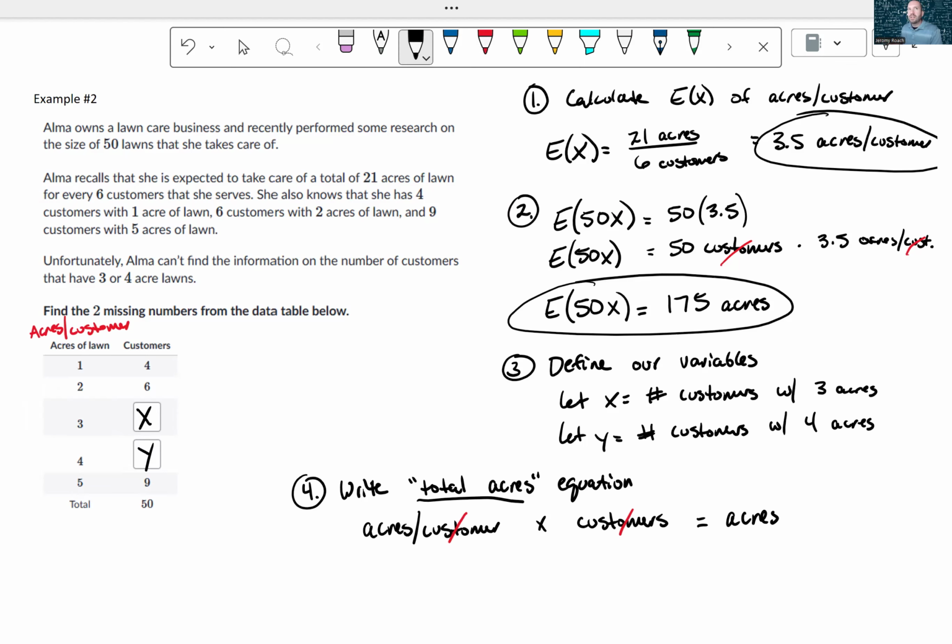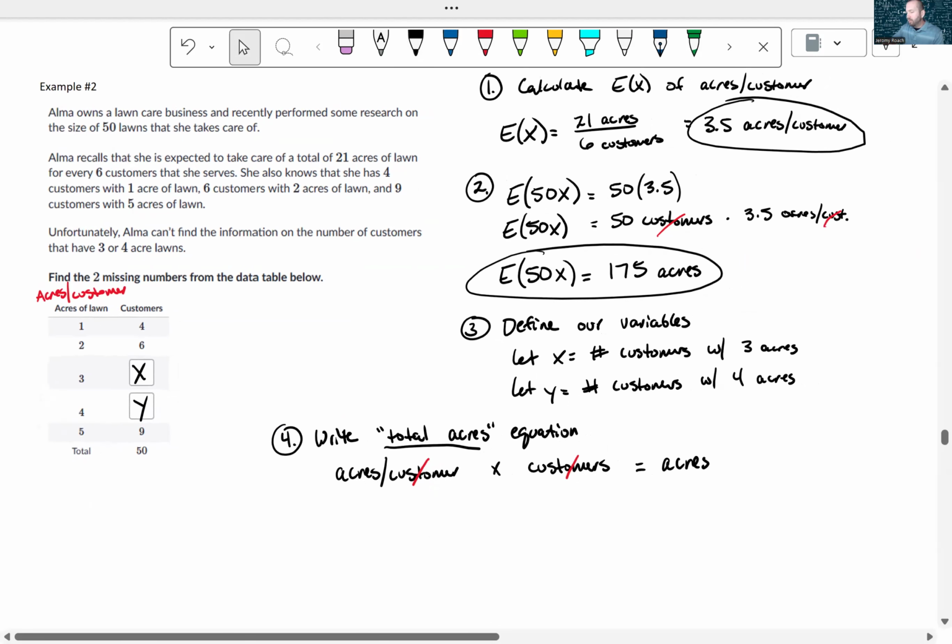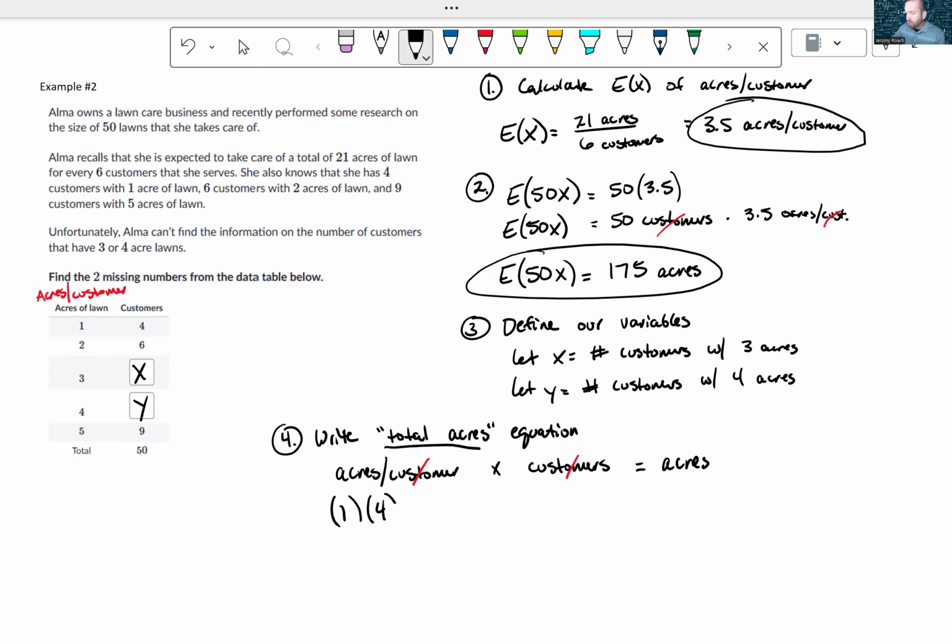Okay. Now, when we look at the table, I think this will click and make a lot more sense when we look at these numbers. So for 1 acre per customer times 4 customers, that would give us 4. For 2 acres per customer times 6 customers, that would give us 12.